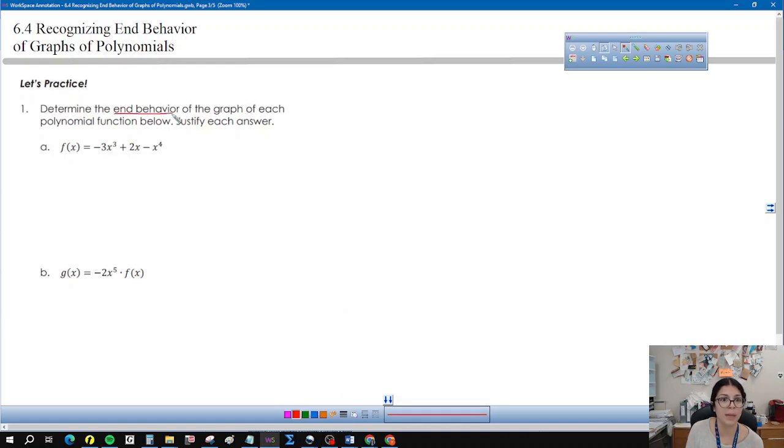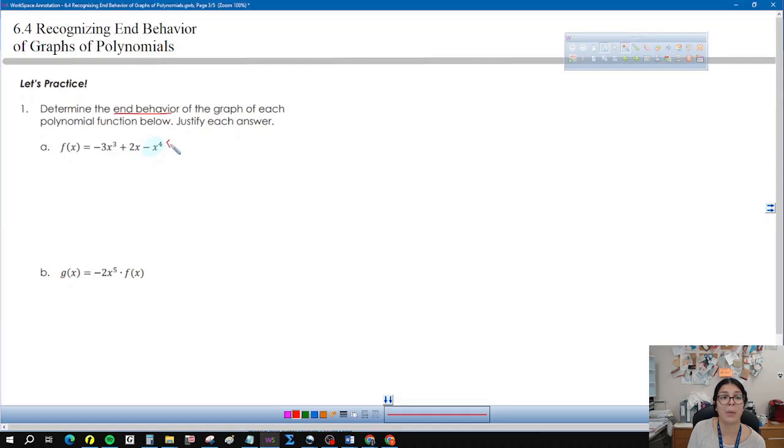So we're going to determine the end behavior of the graph, and justify is just like writing the work for it, okay? So looking at this, our leading term would be negative x to the power 4 because that's the one that has the highest power. I don't have to write it in standard form. They didn't ask me to do that, so that's okay. So I know that that's my leading term.